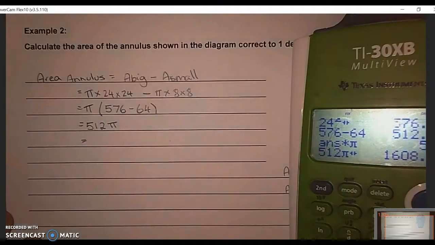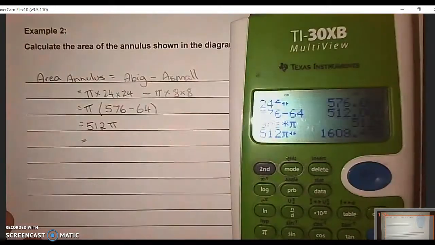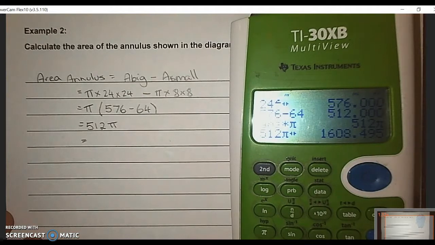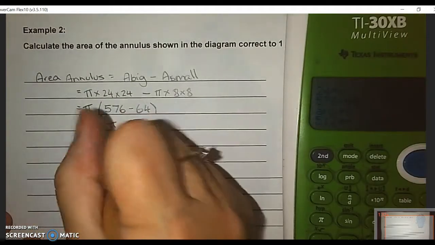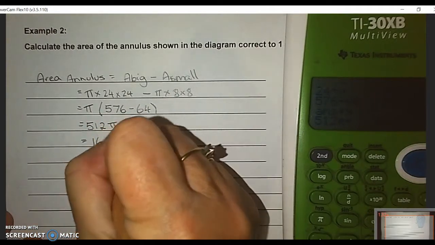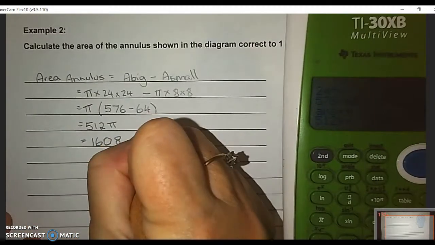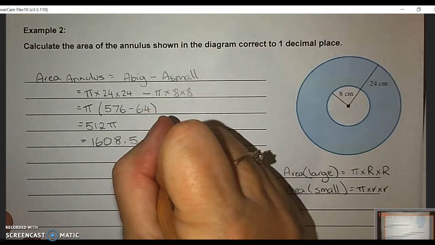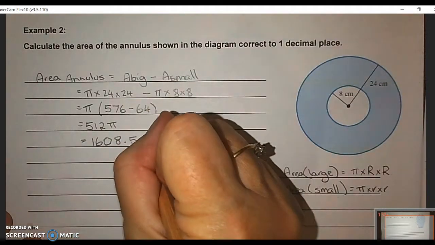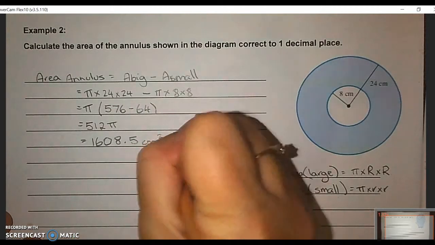And that equals 1,608.5, because it's asked to one decimal place. And they are centimetres squared.